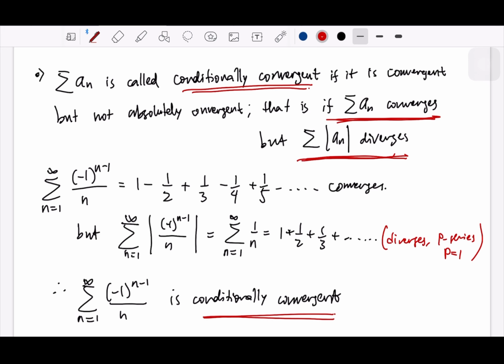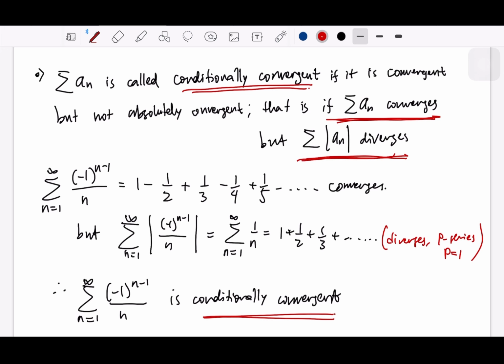And in some problems, the question is asking you to observe whether it's absolute or conditional. That means you need to use the absolute value to check whether the series converges or diverges. Of course, we are just looking at practical examples like 1 over n or 1 over n squared, which are easy to determine.